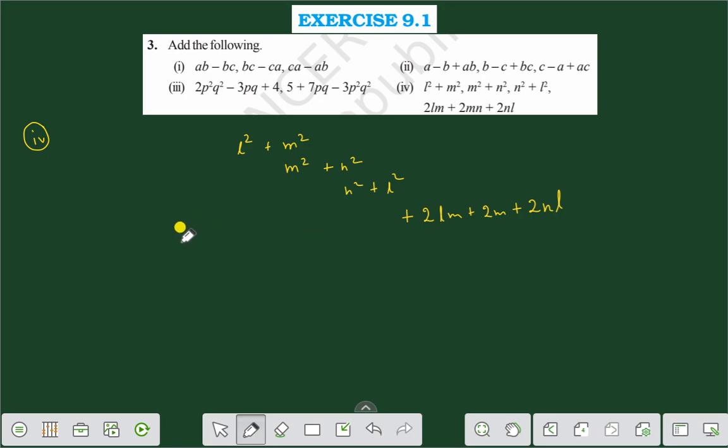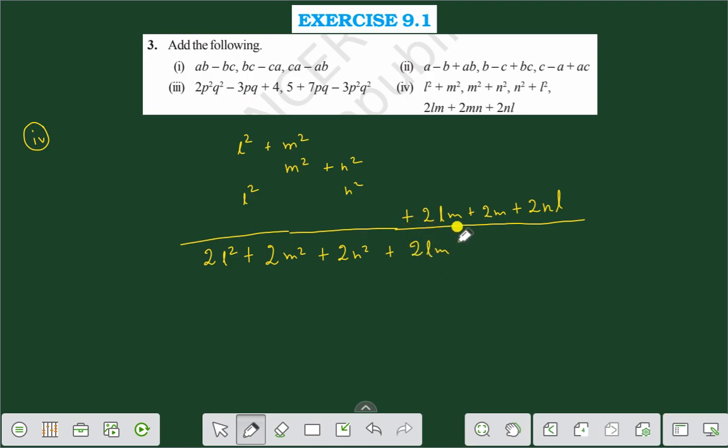If we add all these terms, we get L square plus L square is 2L square, plus M square plus M square is 2M square, plus N square plus N square is 2N square, plus 2LM, plus 2MN, plus 2NL.